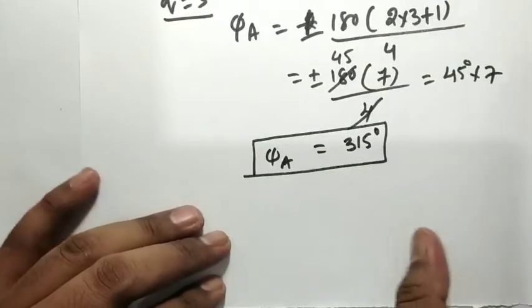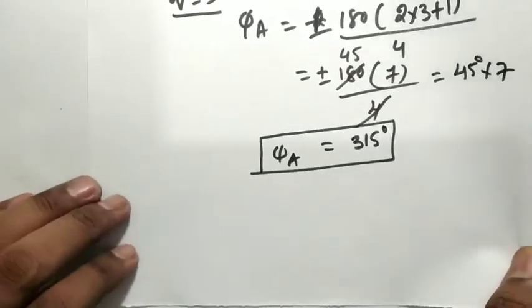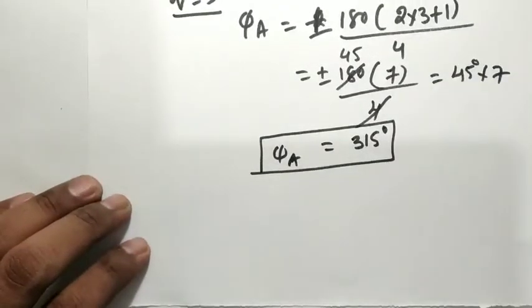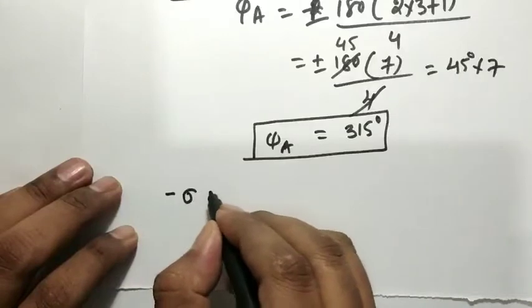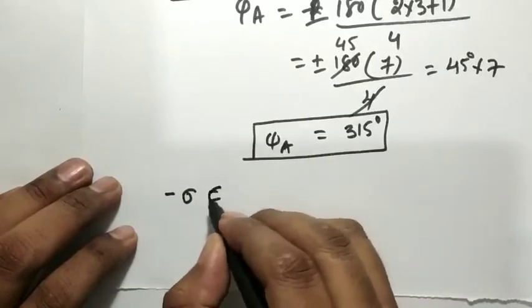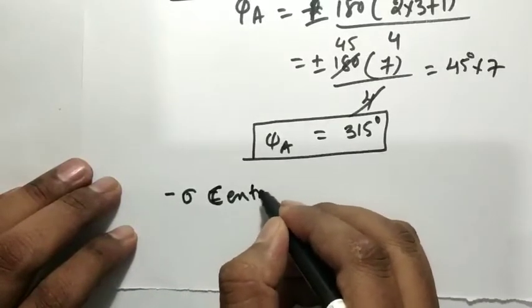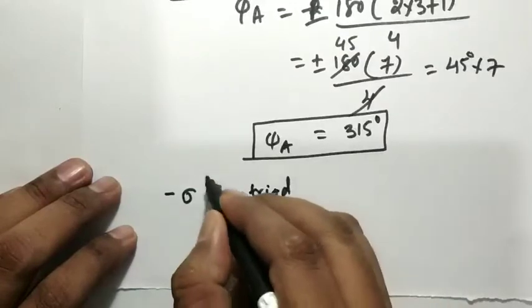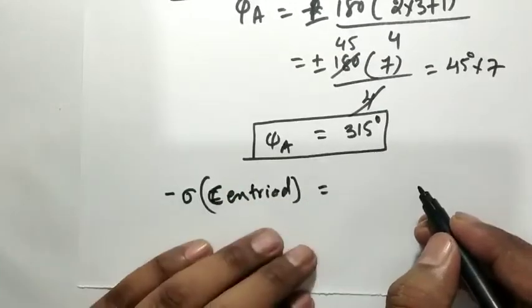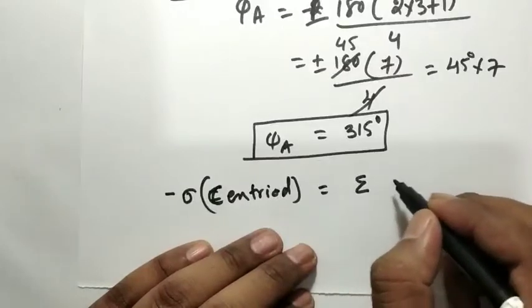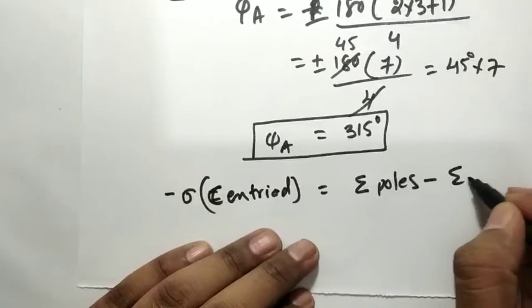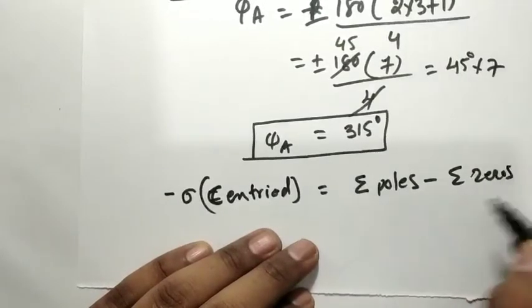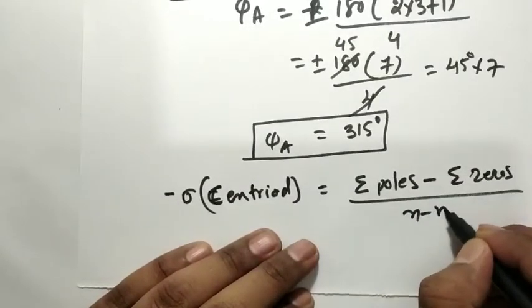You also have to find the centroid. How to find the centroid? This is very easy. The centroid is equal to the sum of poles minus the sum of zeros, divided by n minus m.